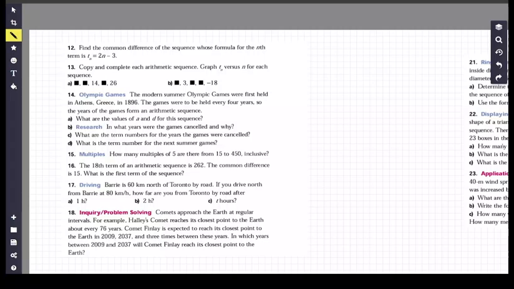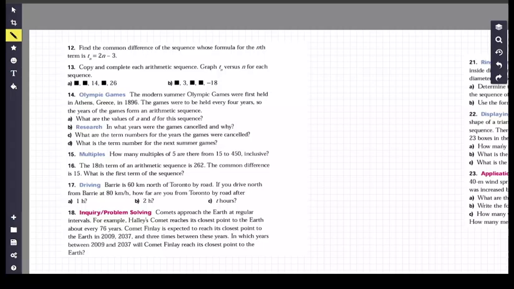The modern Summer Olympic Games were first held in Athens, Greece, back in 1896. These games are held every 4 years, which should be common knowledge for most people. But we can turn this into an arithmetic sequence, because every 4 years we have an Olympic game.